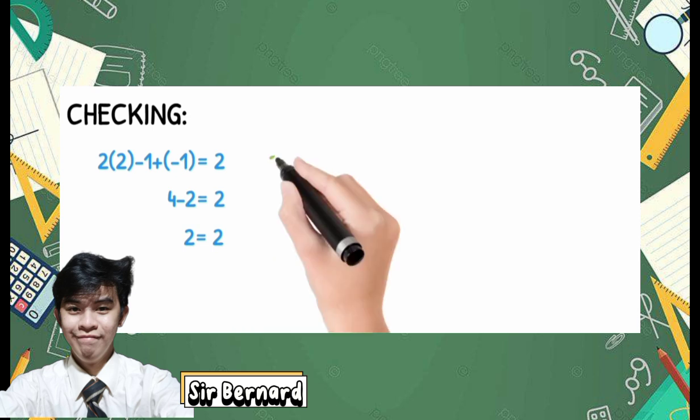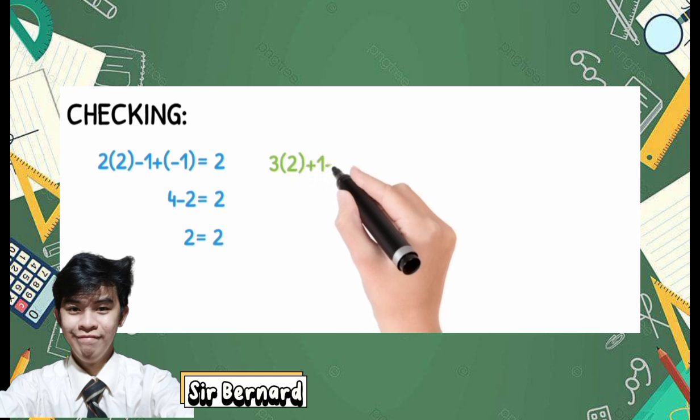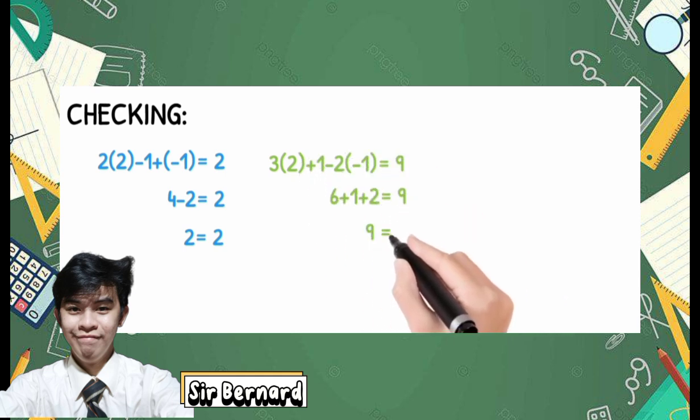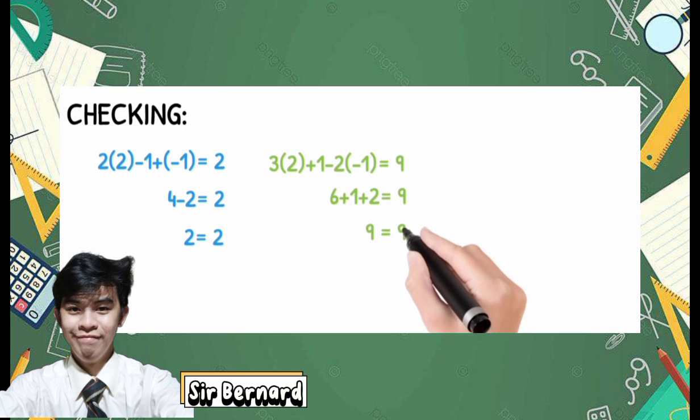Again, substituting the values of x, y, z in row 2: 3 times 2 plus 1 minus 2 times negative 1, and the answer is the same, balanced.